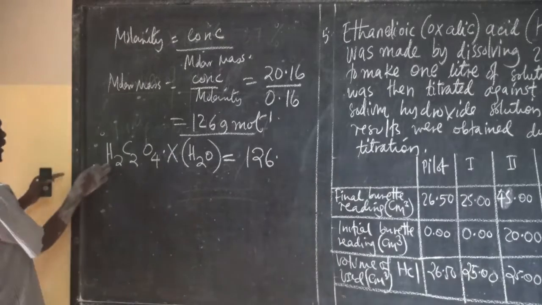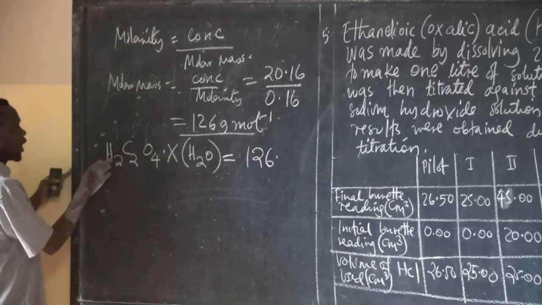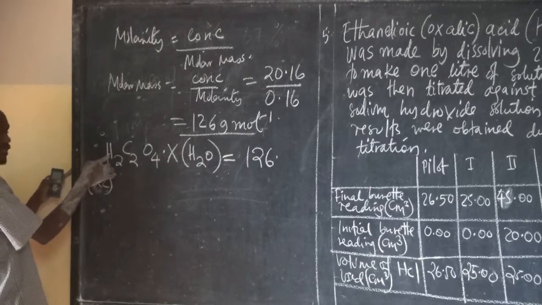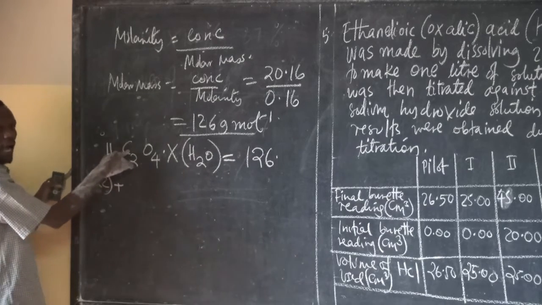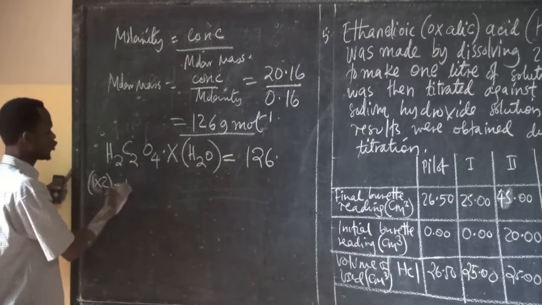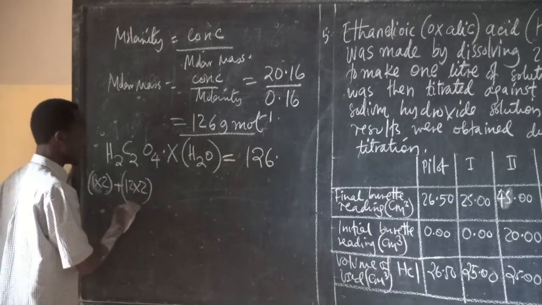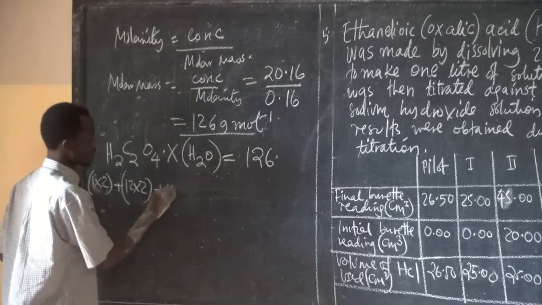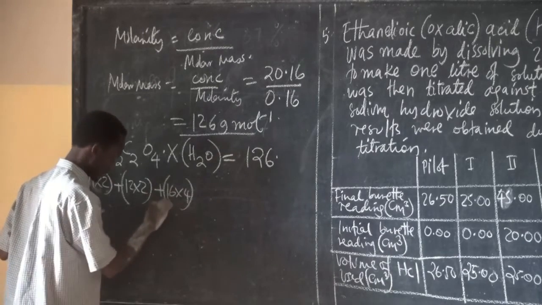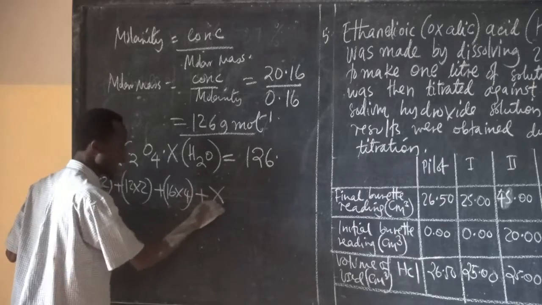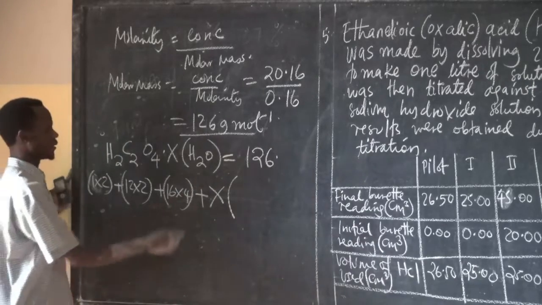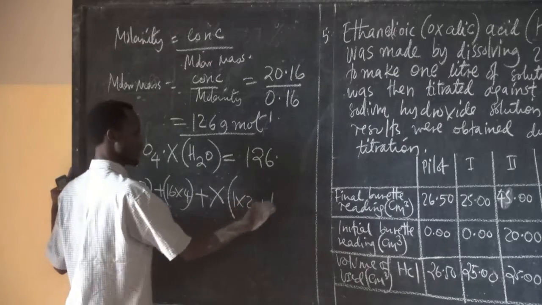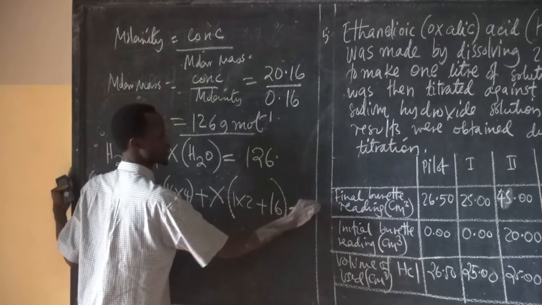And that's why, for hydrogen, we have 2. Relative atomic mass of hydrogen is 1, 1 times 2, plus relative atomic mass of carbon, 12 times 2, plus relative atomic mass of oxygen, 16 times 4, plus X in bracket: hydrogen 1 times 2 plus oxygen 16, which is equal to 126.